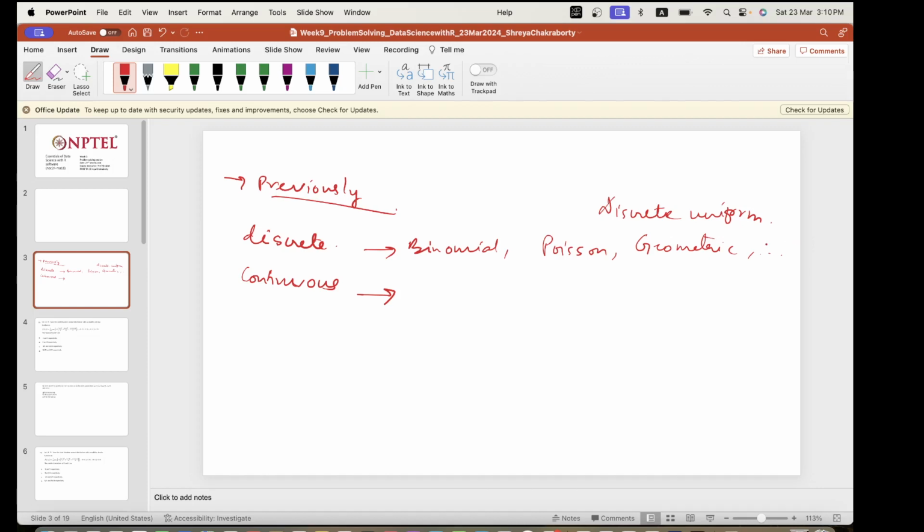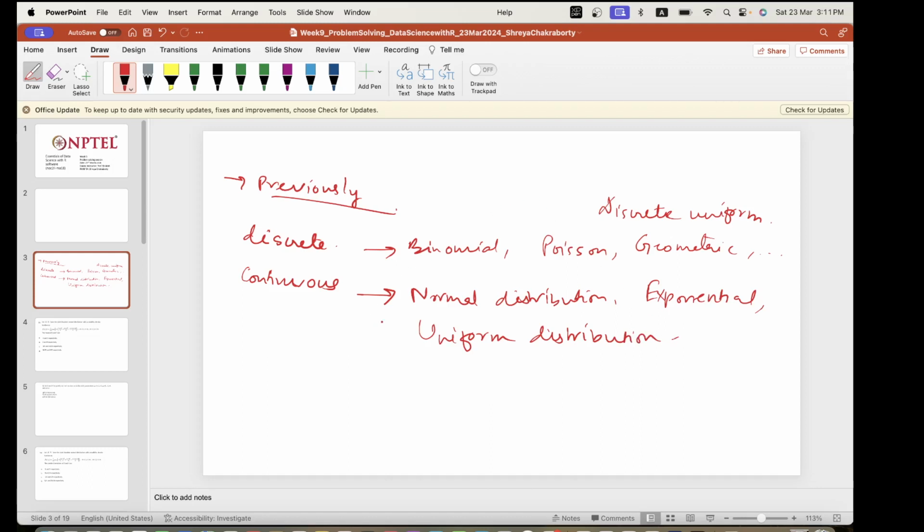We also learnt about continuous random variables, and for them we learnt about the normal distribution, then the exponential distribution. These were the two primary ones, and also the uniform distribution. Primarily we learnt about these three.